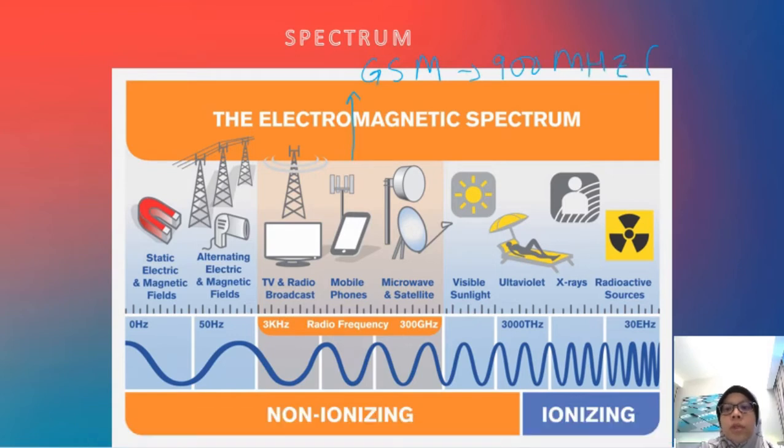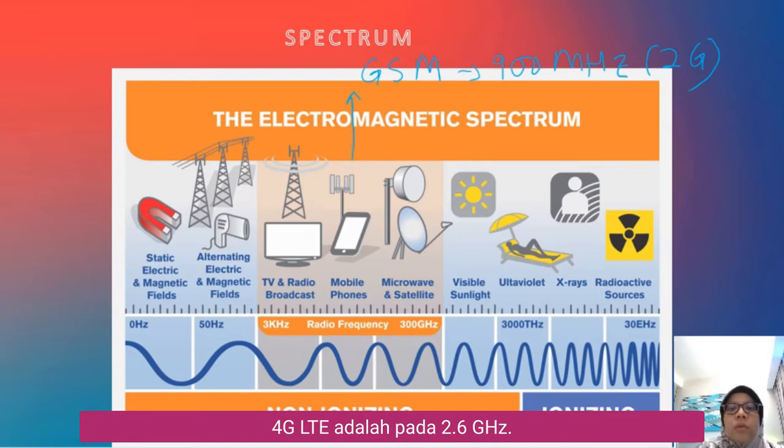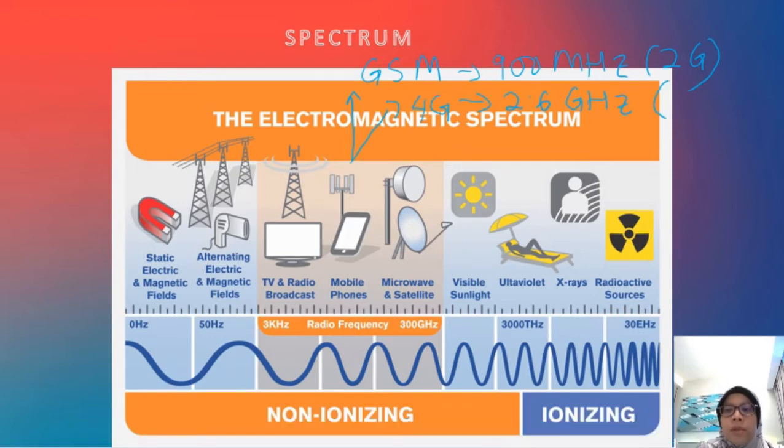This is 2G. And for 4G LTE, it is at 2.6 gigahertz. So this is at another frequency.